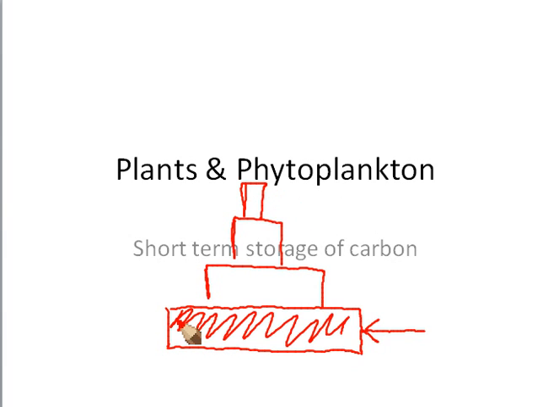So most of our living biomass, our biosphere, is contained in this bottom layer. Of course, there is carbon in the consumers too, but most of the carbon is stored with the plants and the phytoplankton.